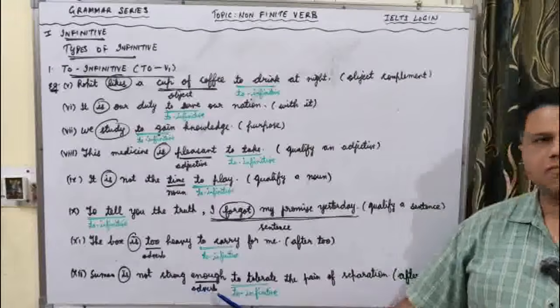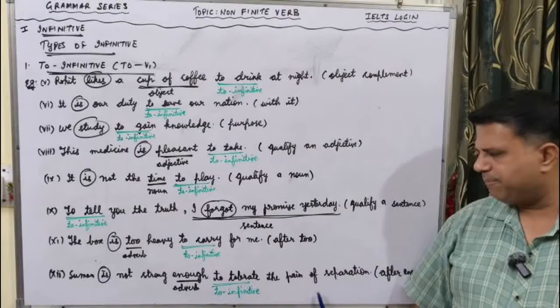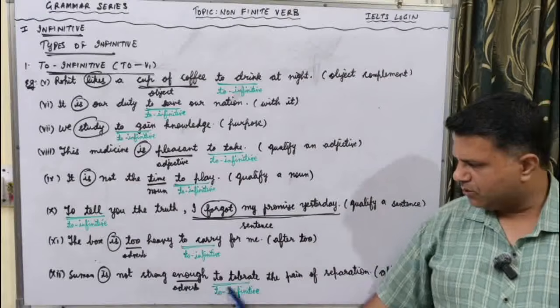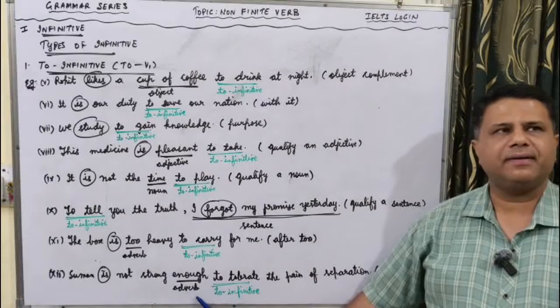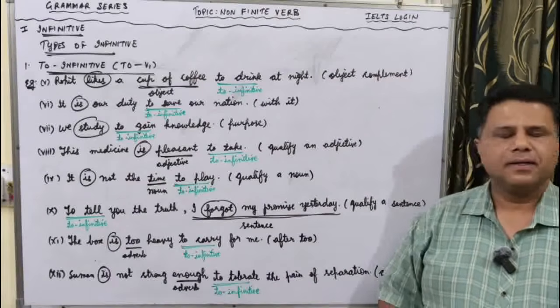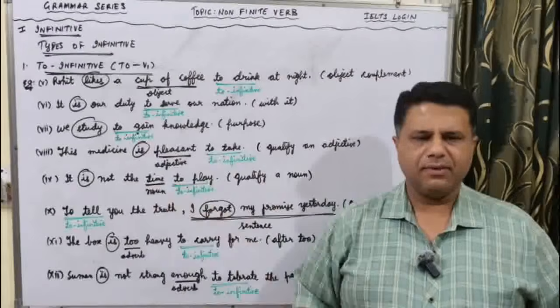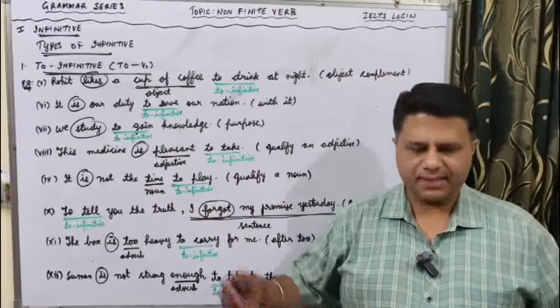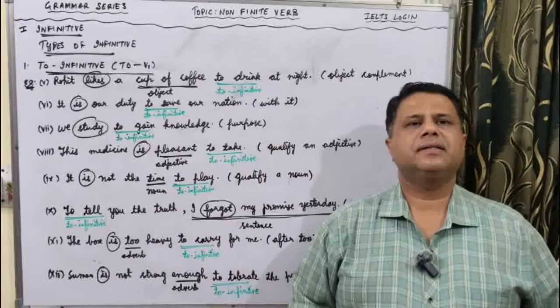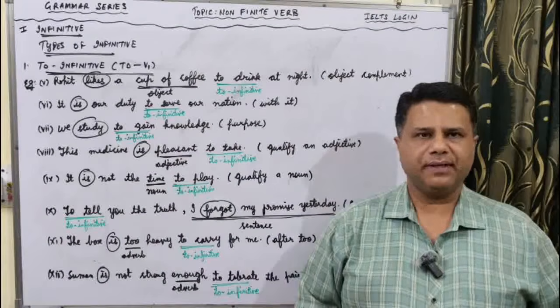Someone is not strong enough to tolerate the pain of separation, so to tolerate is used after the adverb enough. So 12 examples are done. Next two examples will be discussed just in the next part of this video.